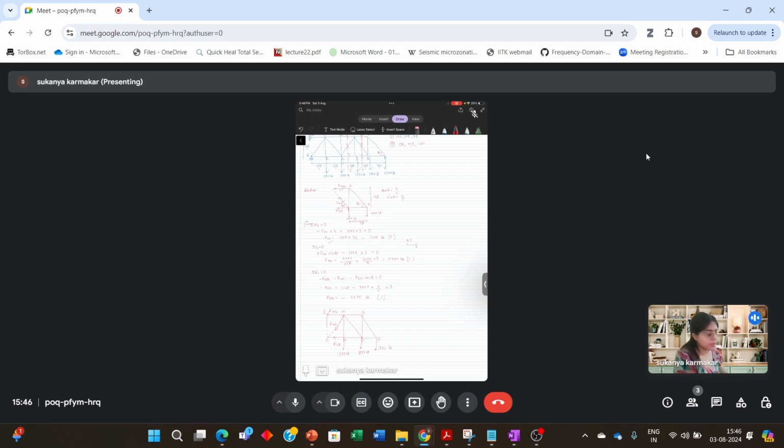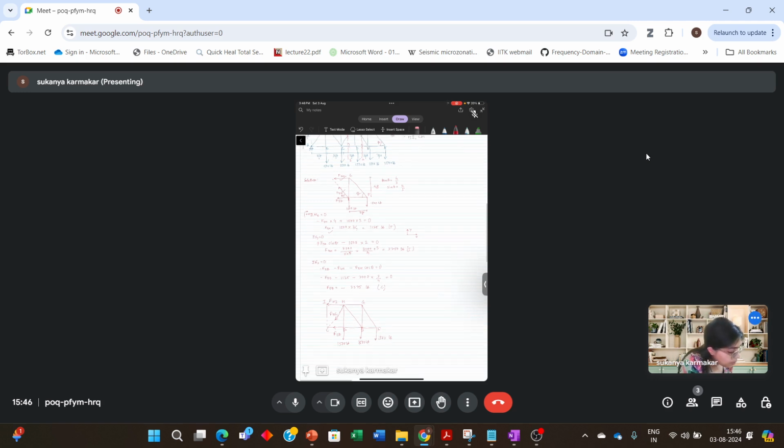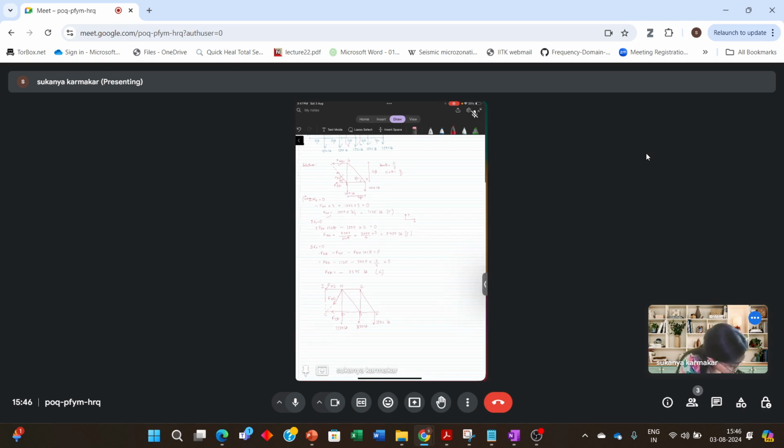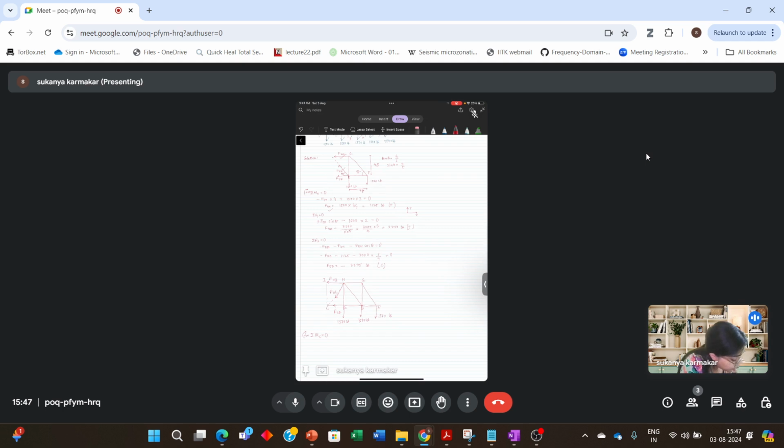So again, in this question, we'll be using the method of sections. Take the moment about point C and consider clockwise moment to be positive. So the moments due to forces FHC and FCD will not appear in the equation.